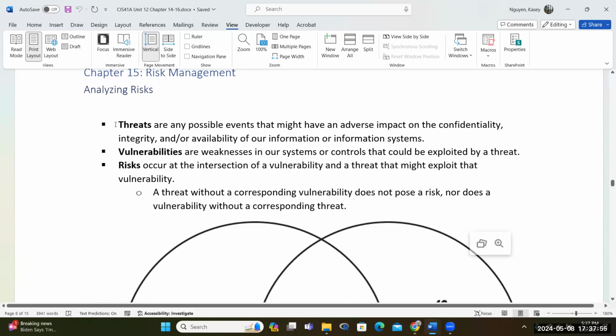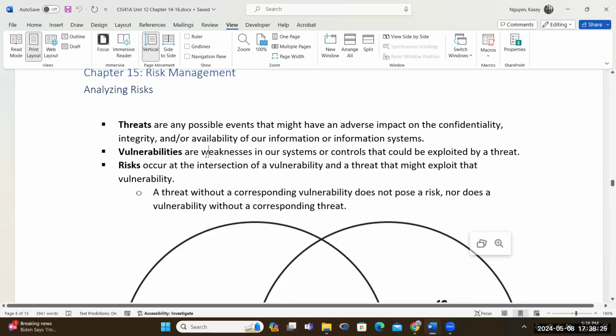Make sure we understand the difference between threats, vulnerability, and risk. I know we harp about this in every security class, but you need to know, right? A threat is an event or thing that would have adverse impact on CIA. A threat could be an attacker, malware, or a person.